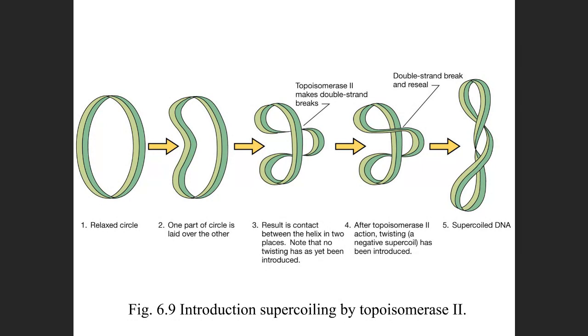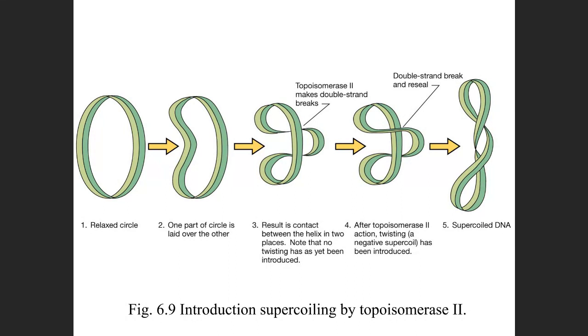So I'll address that question. There are two ways to form supercoiling. One is to make a single-strand nick, and then you have this special enzyme called topoisomerase 2 that forms a double-stranded break, so that it can go in here.